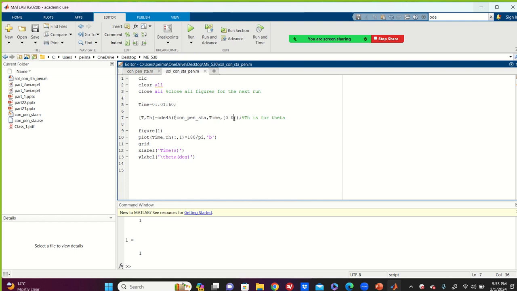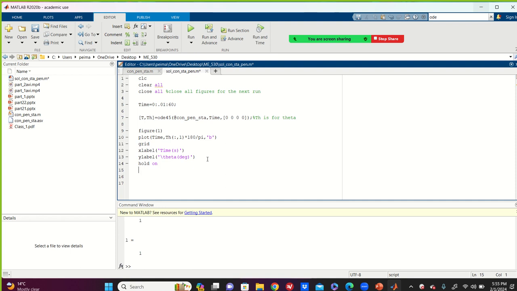Now, I have to change here also. Now we have 4 initial conditions. These 2 are for the initial angle and initial angular velocity of the nonlinear pendulum. Now this is for the initial angle and initial angular velocity of the linear, moving pendulum. Clear? We got it? So I'm going to compare that. How? Hold on.